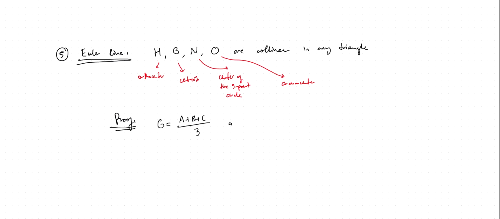And N is the center of mass of this, so this is (3G plus H) over 4. So 3/4 G plus 1/4 H. You see, the sum of the coefficients is 1. So this is a meaningful equality.